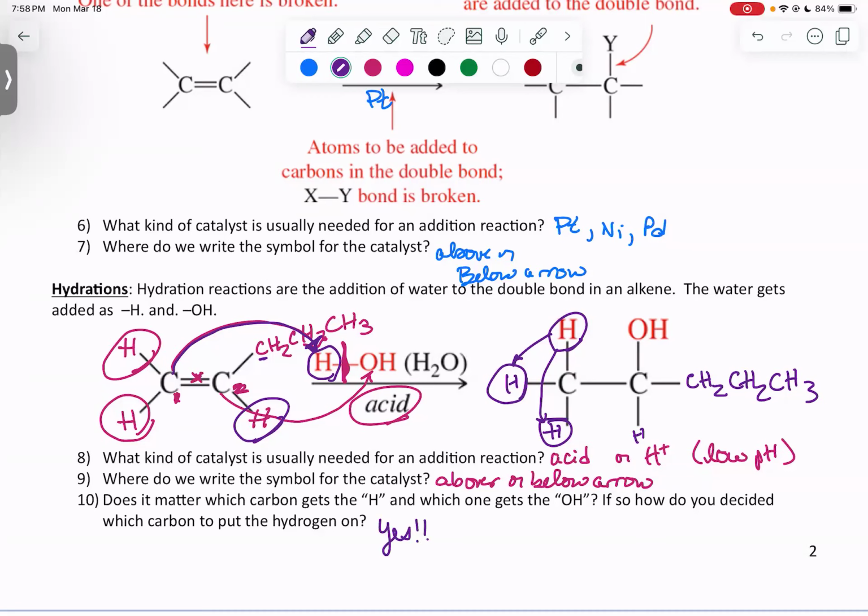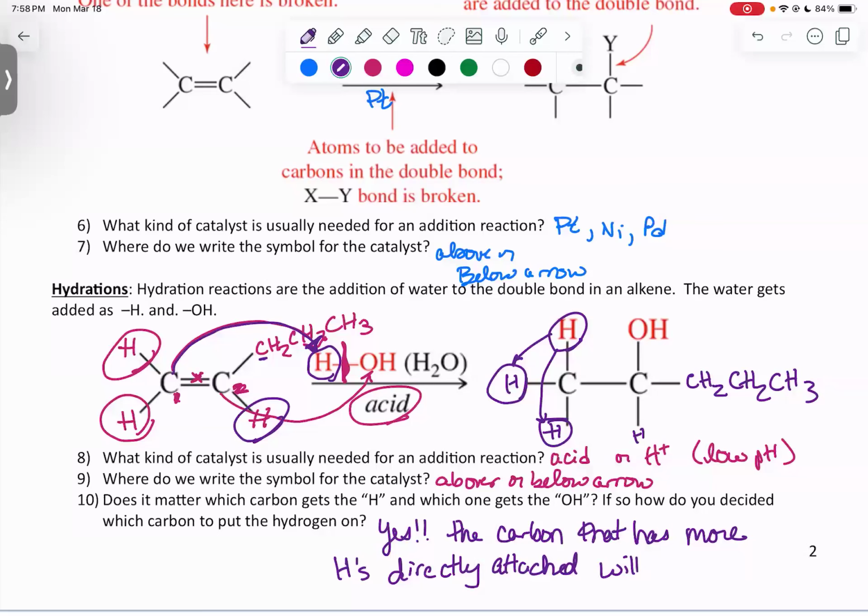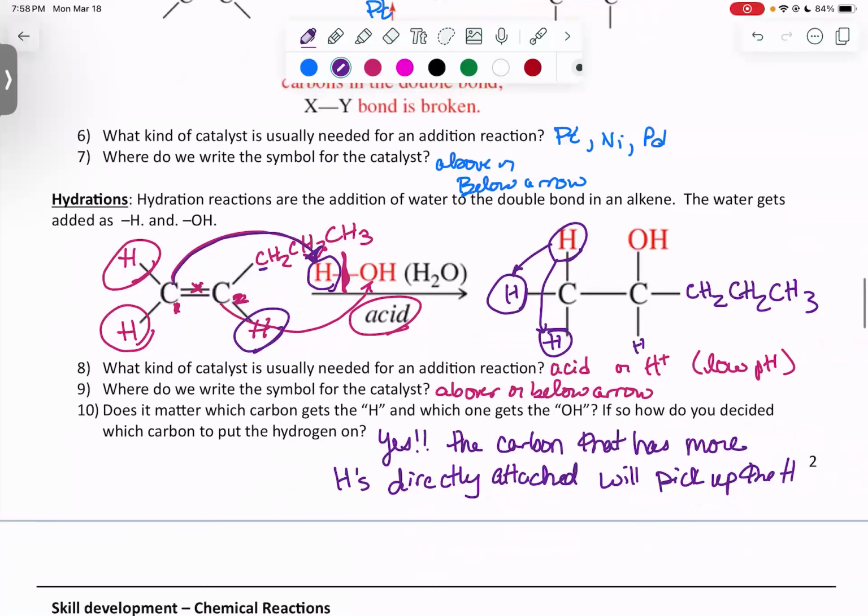So the carbon that has more hydrogens directly attached to it will pick up the H, the other carbon will get the hydroxyl. Okay, so just remember those tips and tricks.